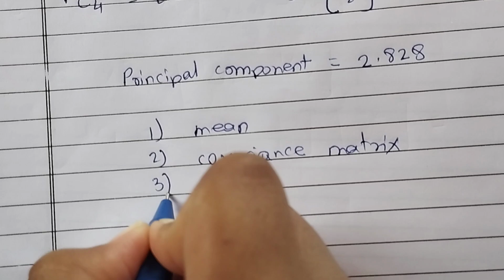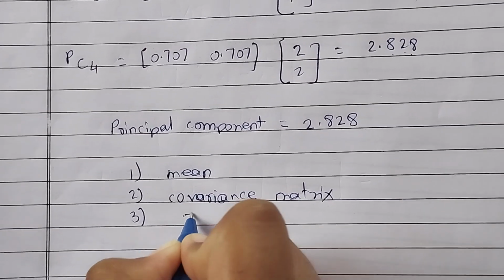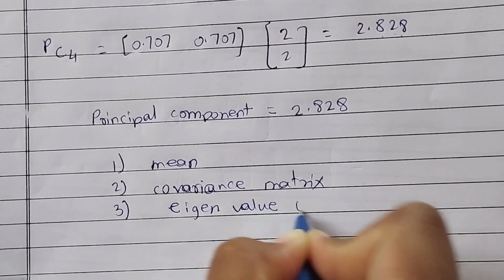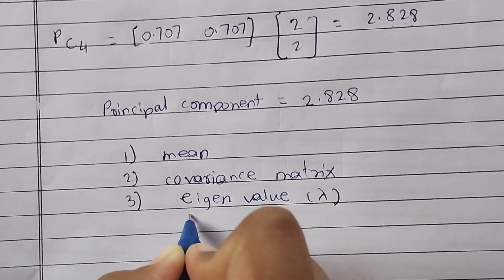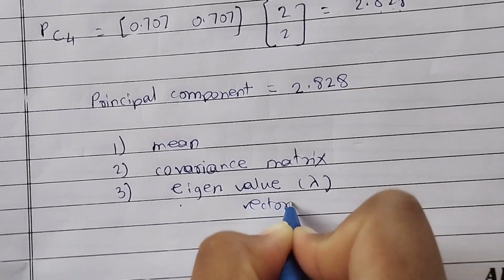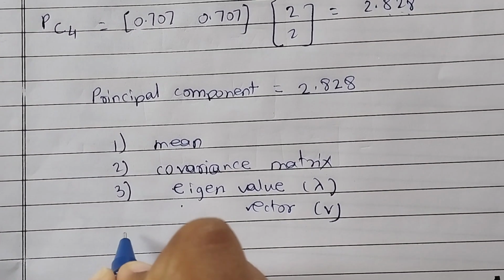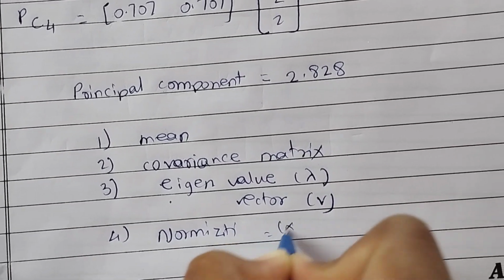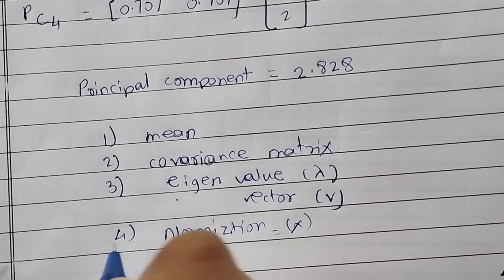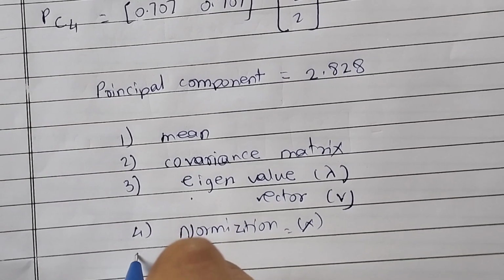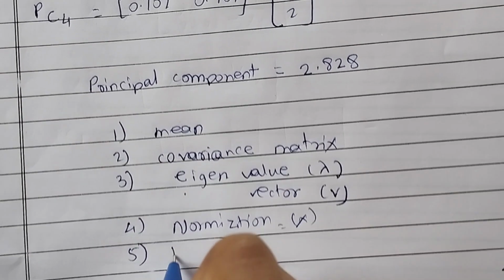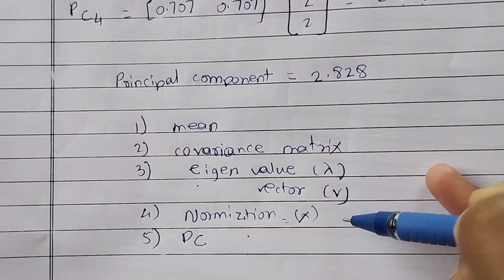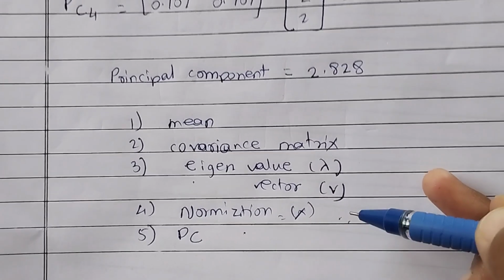Third, we find the eigenvalue, which means we find the lambda, then we find the vector v, then we normalize it, which means we find x. Lastly, we find the principal components PC. So these are the steps. By following these steps, we perform the PCA and find the principal component.